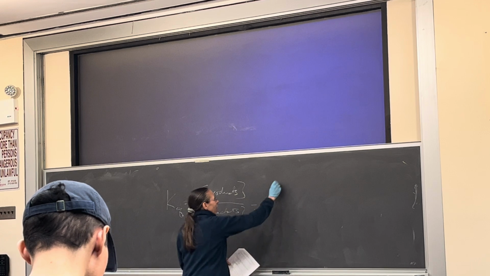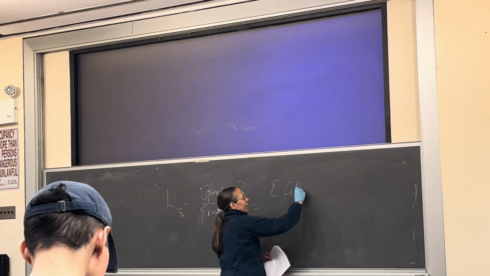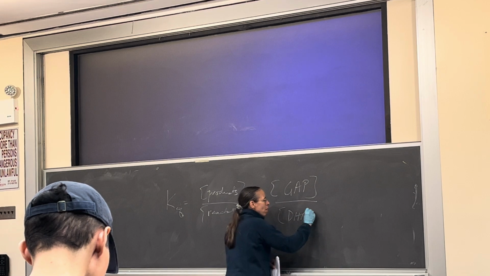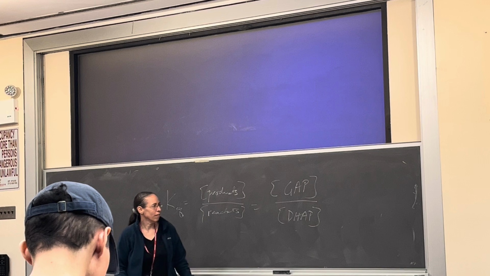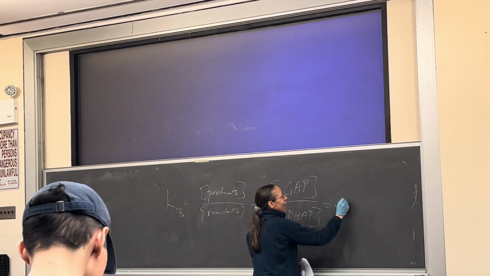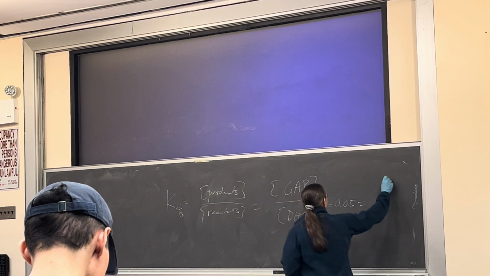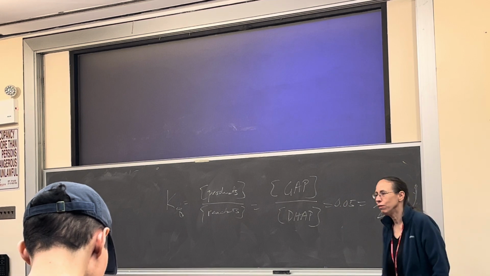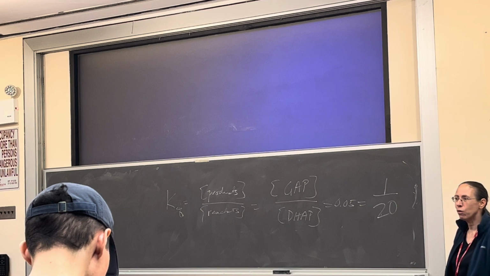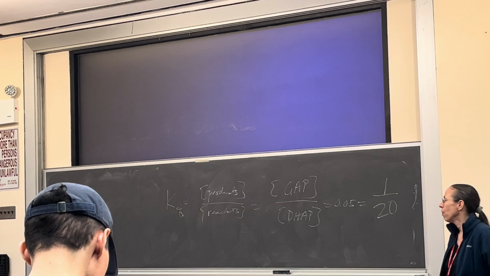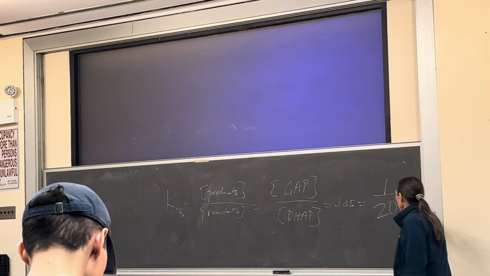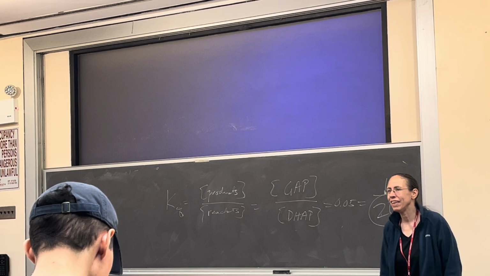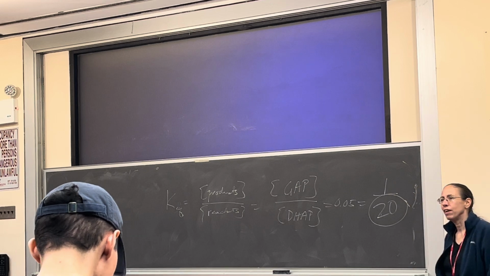In this case, it's the concentration of... if this is 0.05, do we have most of our molecules as dihydroxyacetone phosphate or as glyceraldehyde 3-phosphate? They're almost all in this form. 19 out of 20 of them are dihydroxyacetone phosphate.